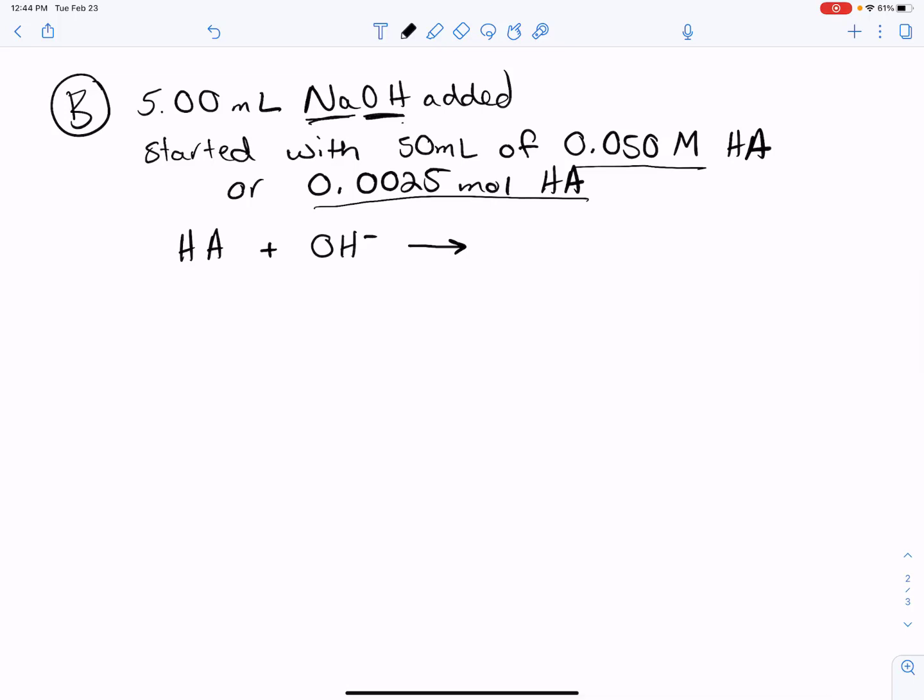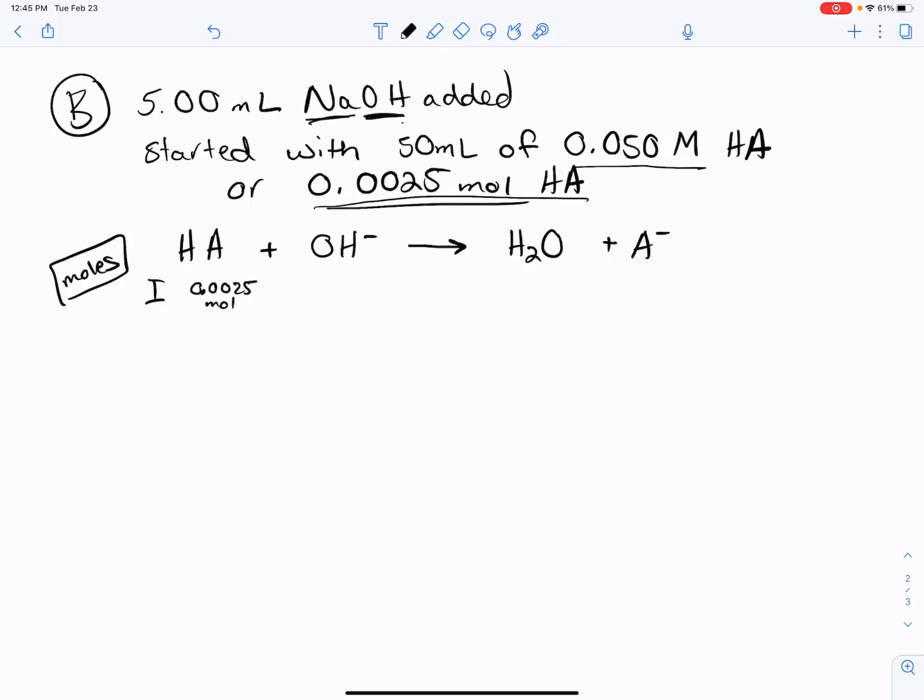So how does this react? Well, when hydroxide pulls off a hydrogen, it's going to form water, and you're going to be left with your conjugate base. Notice both mass and charge are conserved in this equation. Now I'm going to plug in moles because that's easier for me to see stoichiometrically. Initially, I'm going to start out with 0.025 moles of my HA.